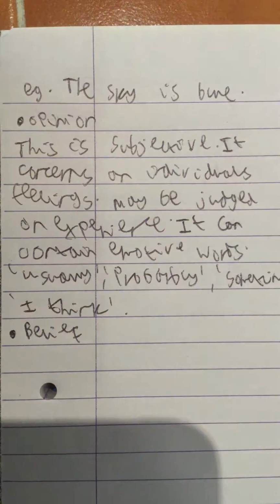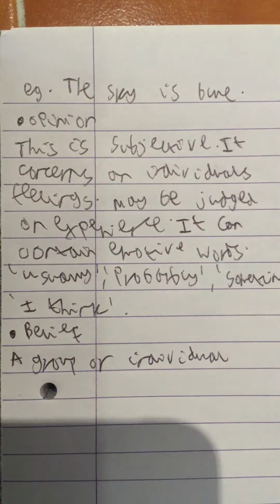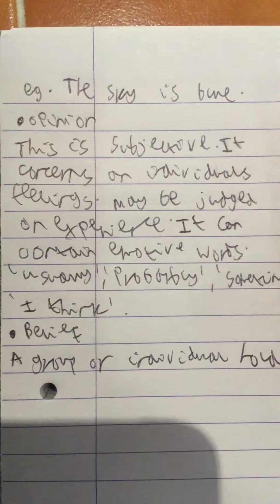Next type of thing is belief. It's where a group or individual hold something to be true.